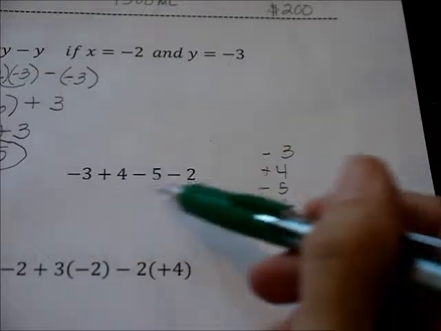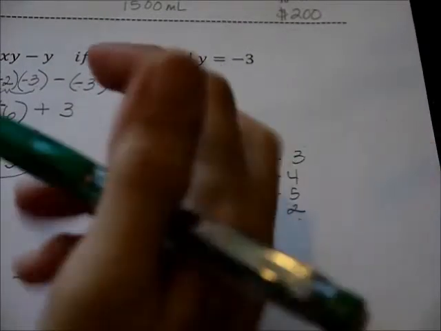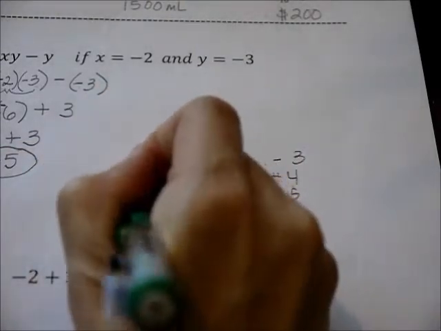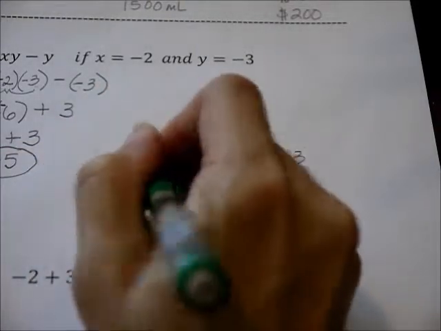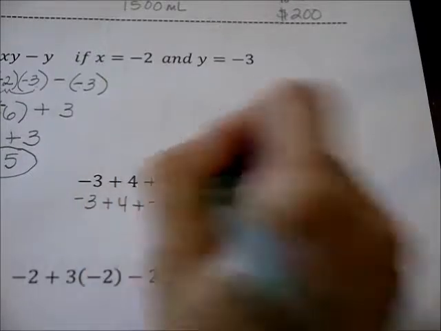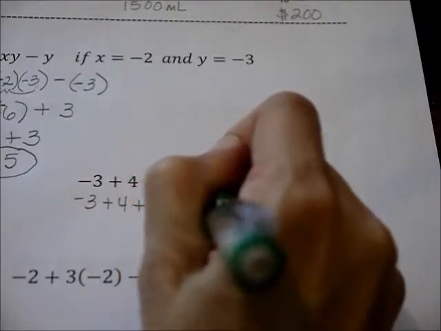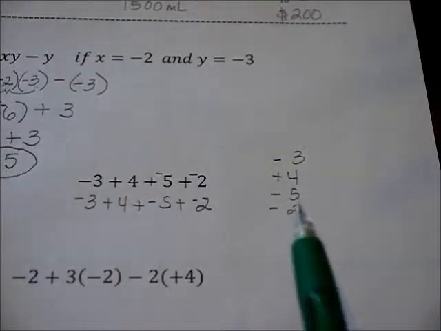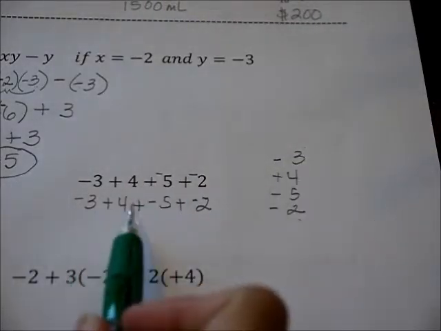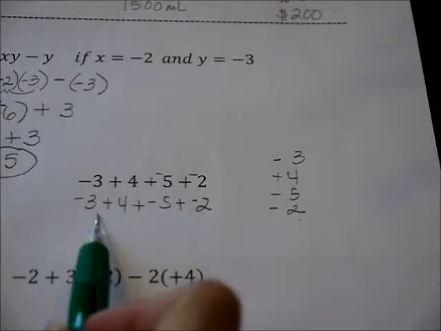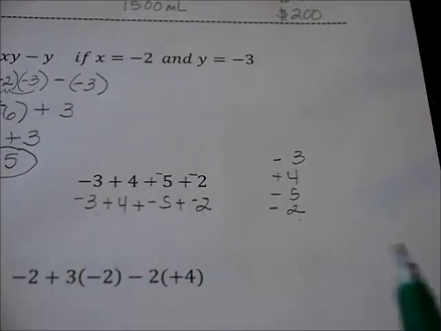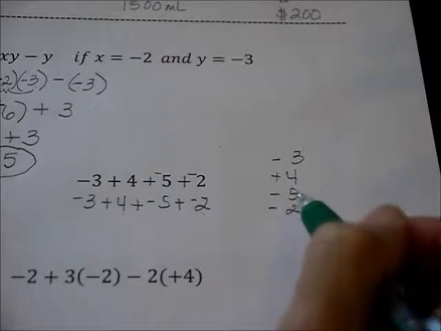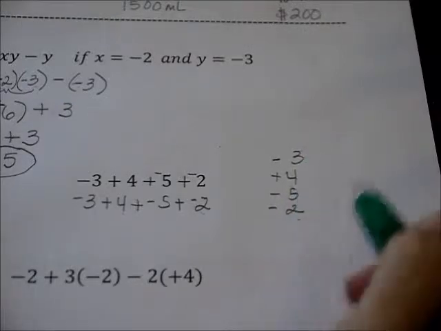So, if you want to keep it in a horizontal line, though, go ahead and say -3 plus 4 plus -5, right? We can add the opposite, plus -2. That might help you see that we have 3 negatives and then a 4. So what I do, like over here, I say, oh, okay, these 3 numbers have the same sign.